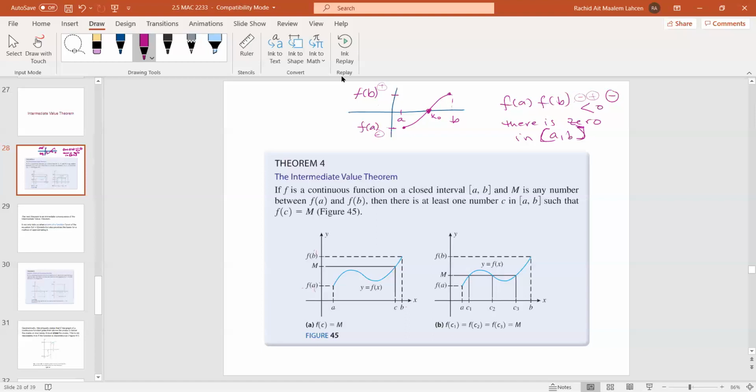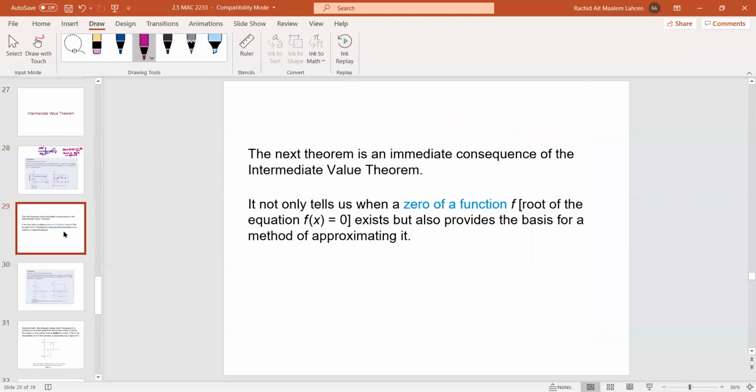If there is a number between f of a and f of b, then the graph must cross it, and you get a c between a and b. It could happen multiple times. You take m and the function crosses it, so you may have more than one, but the theorem says there is at least one. It's going to happen.